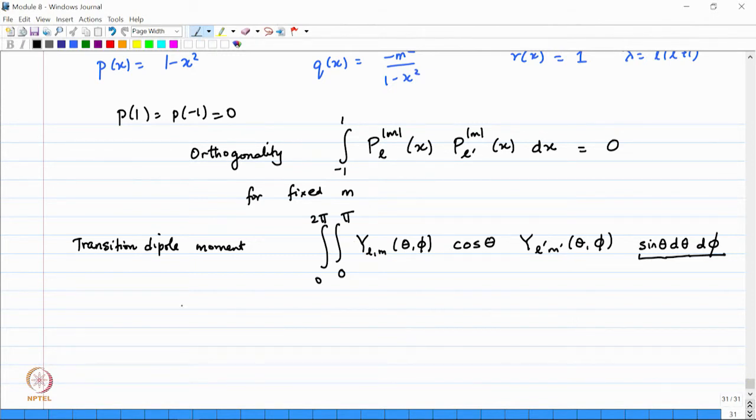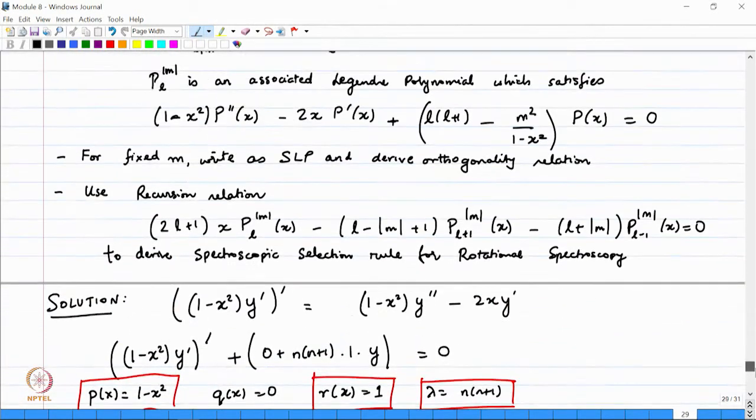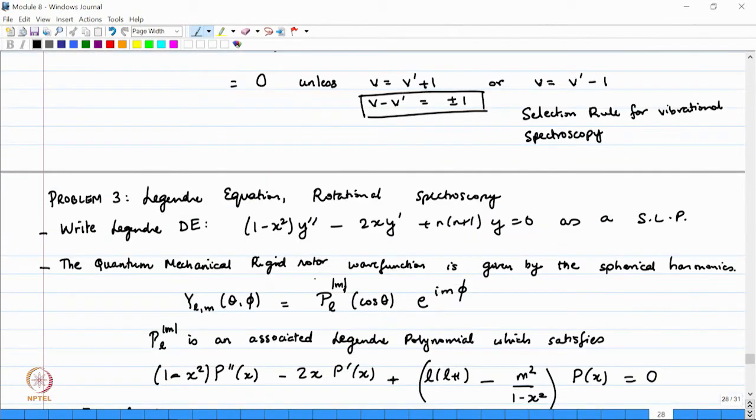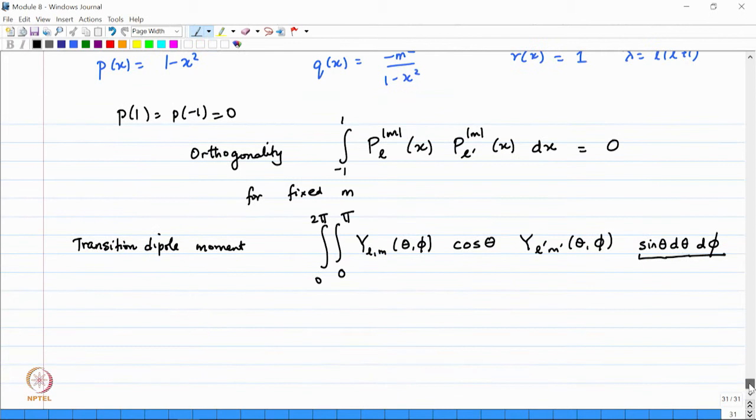Now, you can clearly see that if I expand Y_L^m of theta, phi in terms of a theta part, that is P_L^m of cos theta, and e to the i m phi, then the integral over phi from 0 to 2 pi will just have e to the i m phi, and I should put a complex conjugate here, e to the minus i m phi, times e to the plus i m' phi d phi.